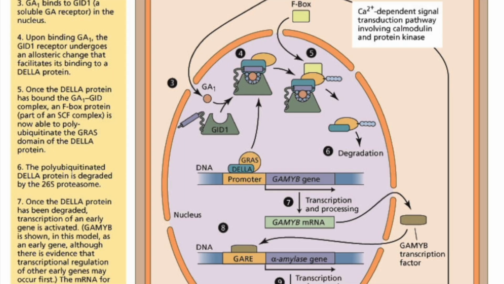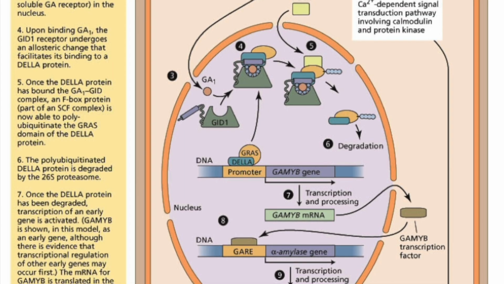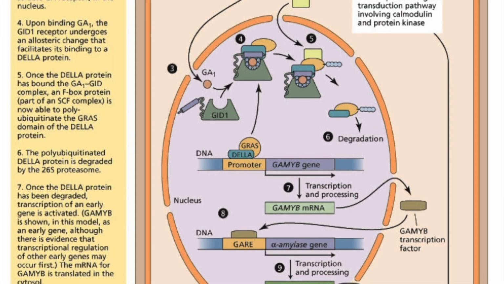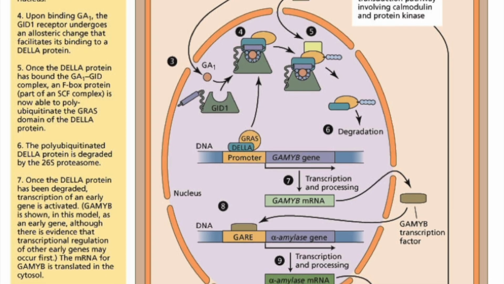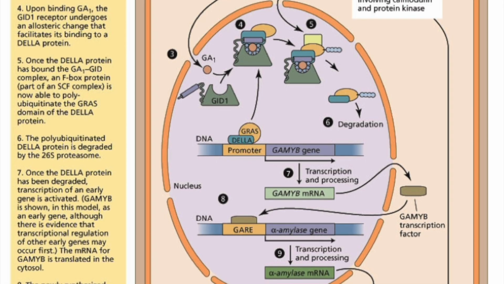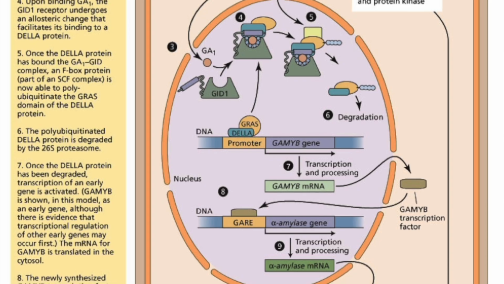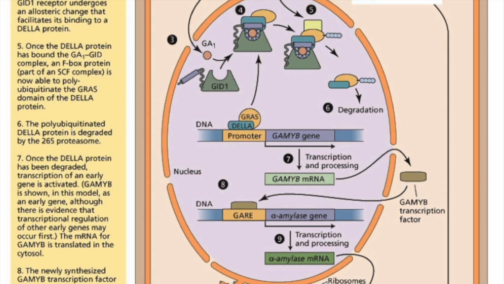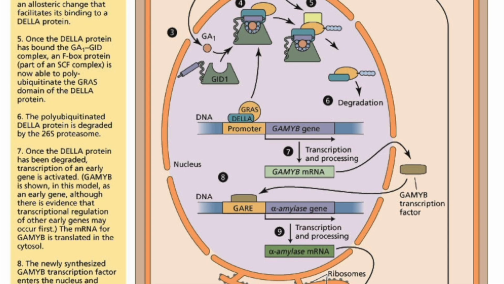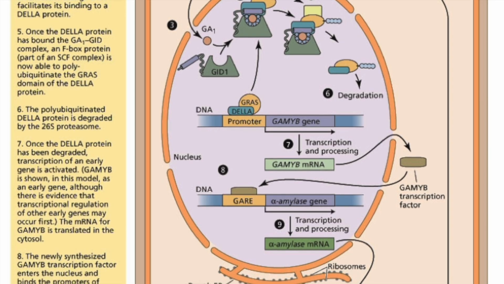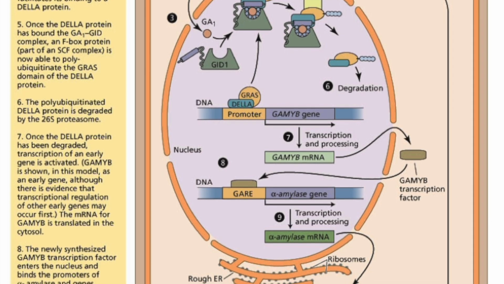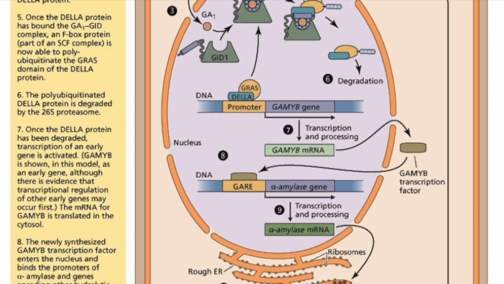5. Once the DELLA protein has bound the GA1-GID1 complex, an F-box protein, which is part of the SCF complex involved in protein degradation, is now able to polyubiquitinate the GRAS domain of the DELLA protein. 6.